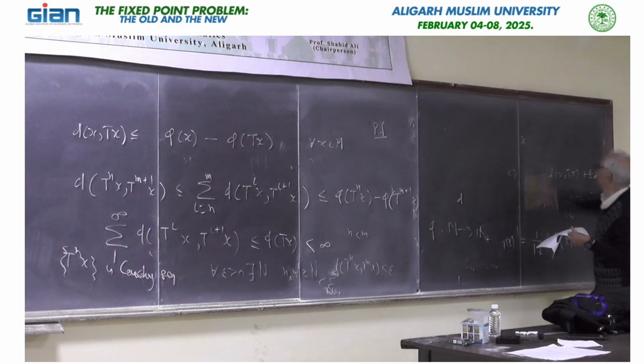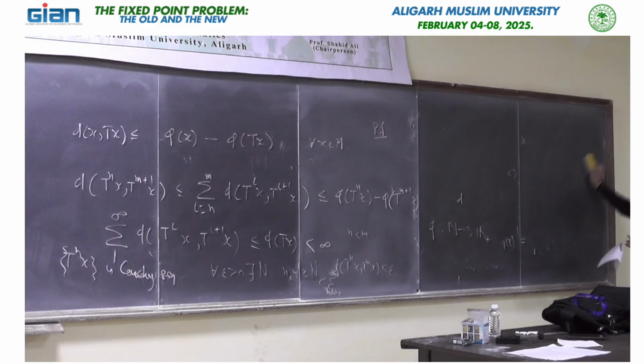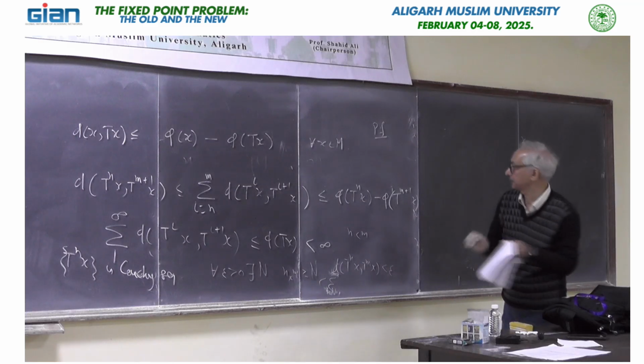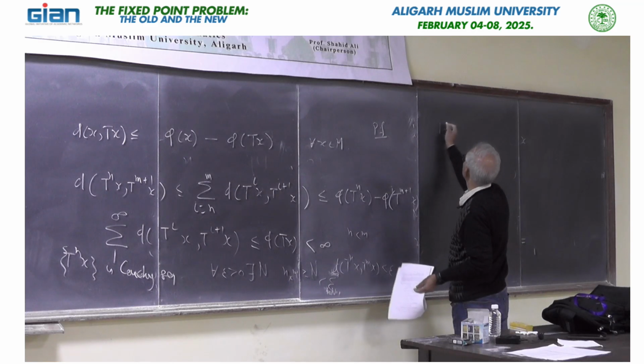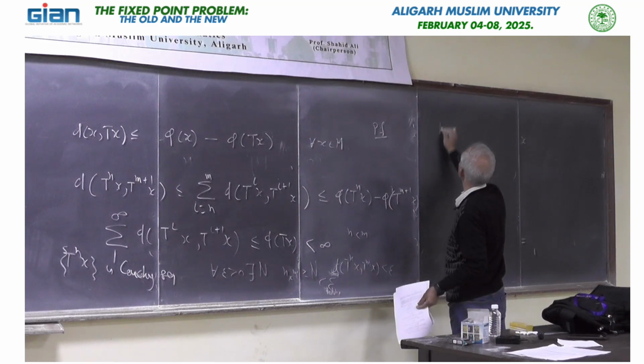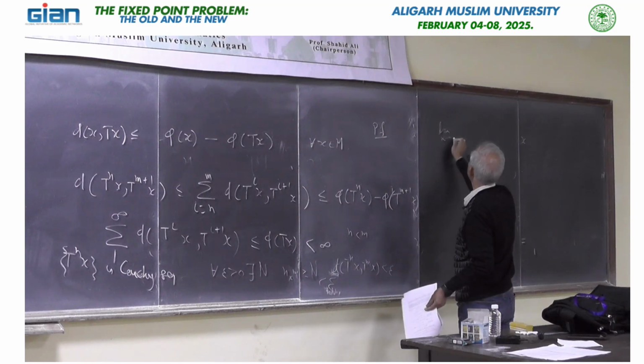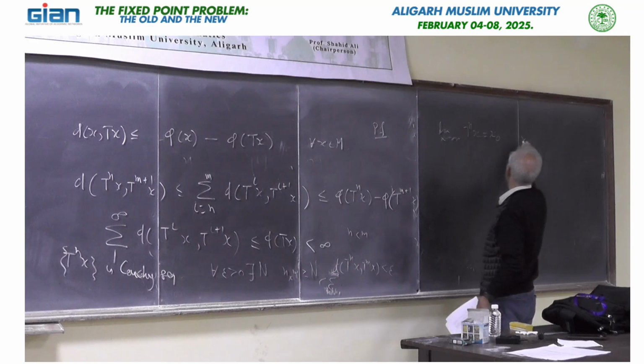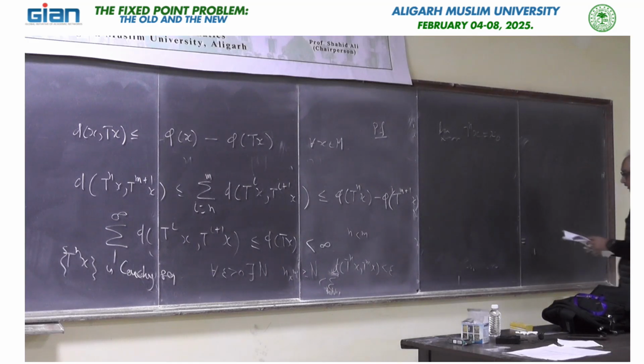So, that is the first part you have, and then conclude that that is a fixed point. So therefore, the limit as n tends to infinity of T^n x is some point x0. Now we will show that this is a fixed point.